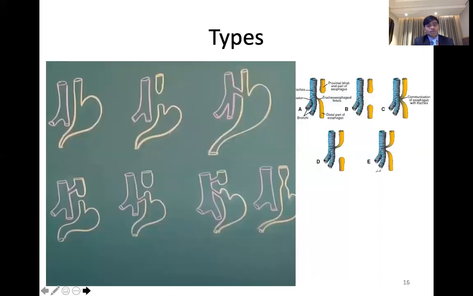Now, we'll show you the different types of the tracheoesophageal fistula. As I said, this tracheoesophageal fistula will usually occur with a related condition called esophageal atresia. So over here in this diagram, this is the normal trachea and this is the normal esophagus and the stomach.